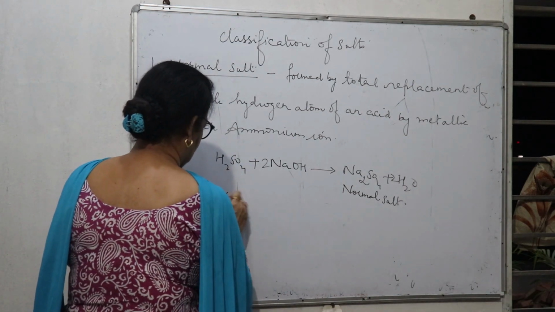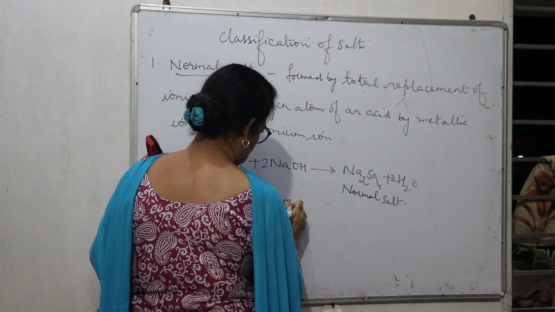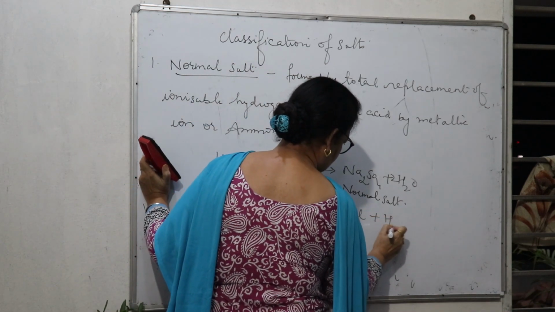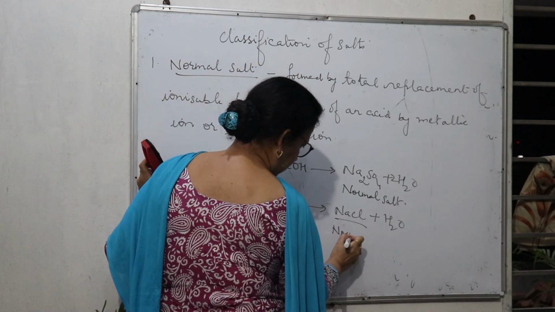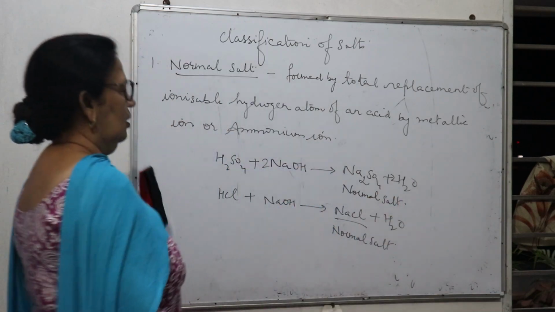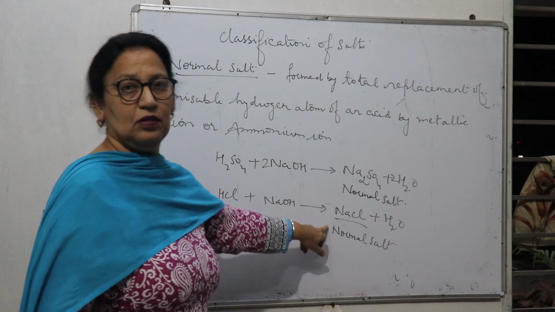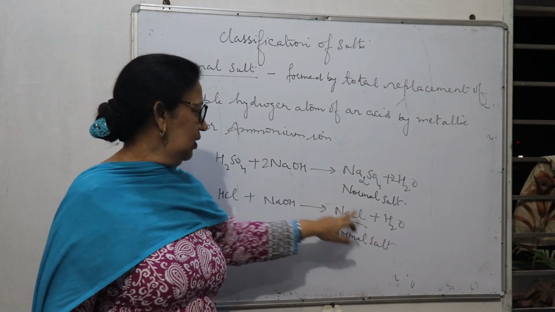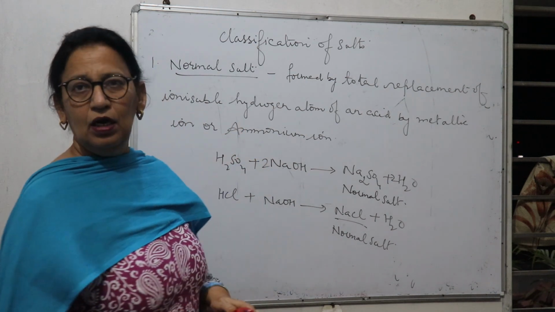Another example can be HCl plus NaOH gives NaCl plus water. So this salt is also a normal salt. Here the total replacement of hydrogen is there. Salt formed by total replacement of ionizable hydrogen atom of an acid by metallic ion or ammonium ion.